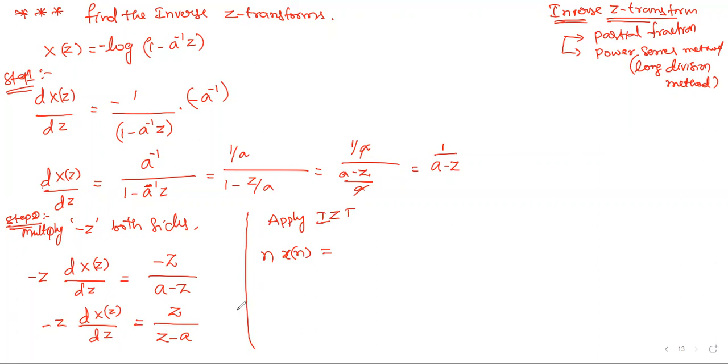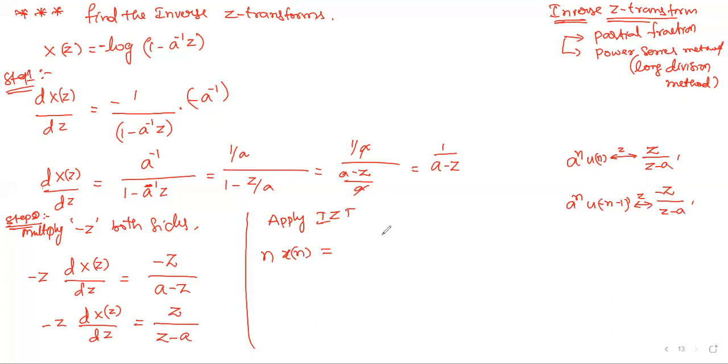Now, it might be a power n u of n, whose Z transform is z by z minus a, or a power n u of minus n minus 1, whose Z transform is minus z by z minus a. Both are the same.